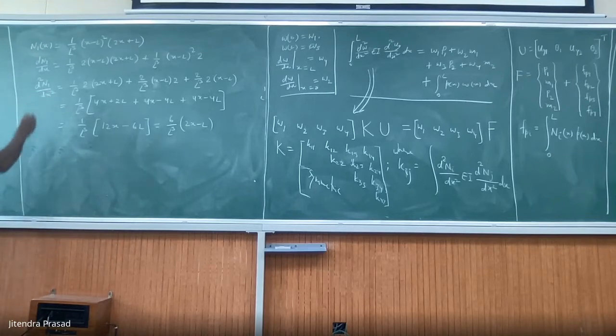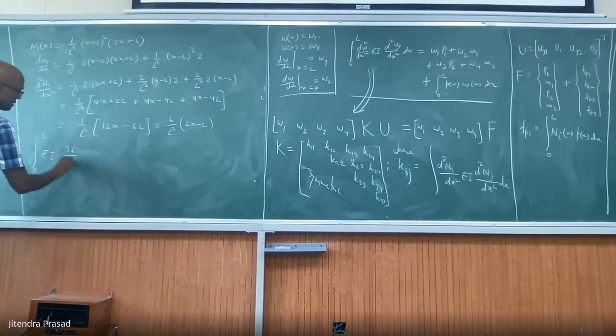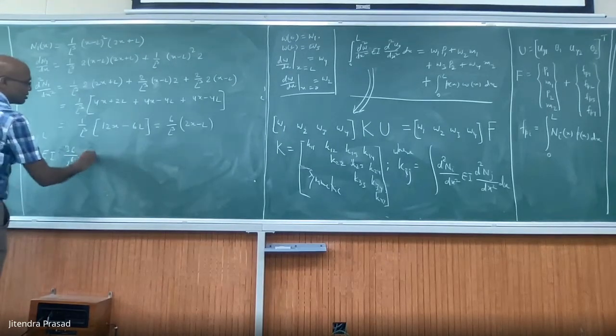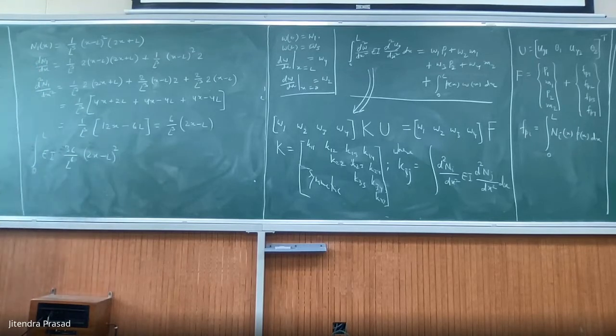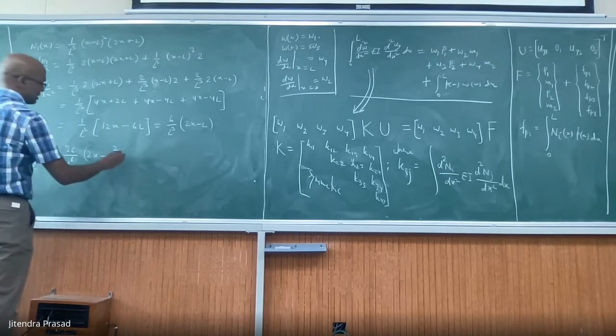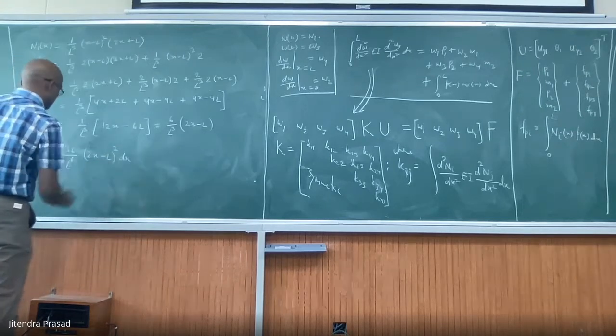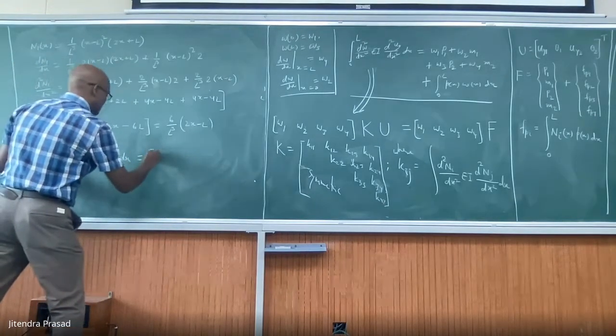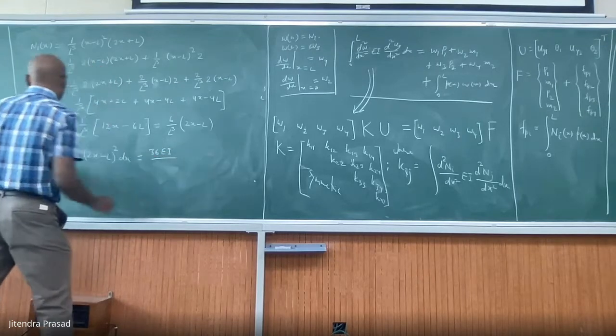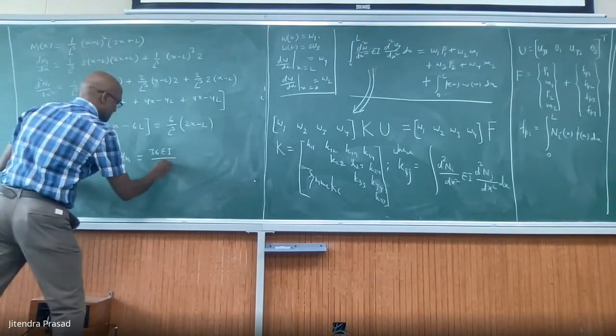Okay, so square of it, so integral from 0 to L, EI, and the square of it is 36 over L to the power 6, right? And then you have (2x minus L) square, then dx. So equal to 36 EI over L to the power 6.